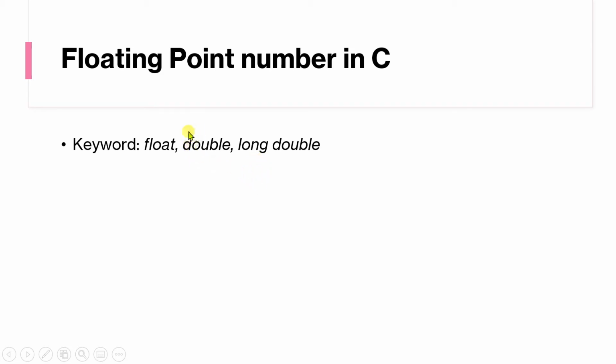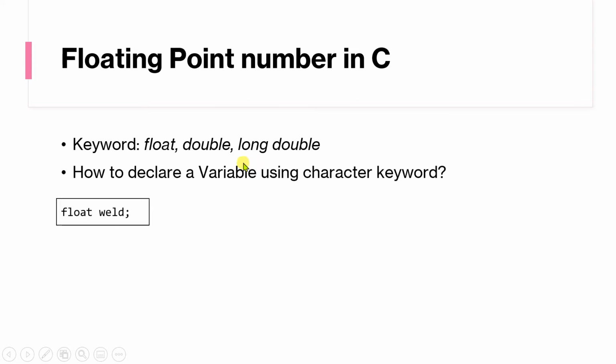So now I know that there are three different keywords to declare floating point variables. Then how to declare them? The first one is float weld. Here weld is a variable of floating point type.